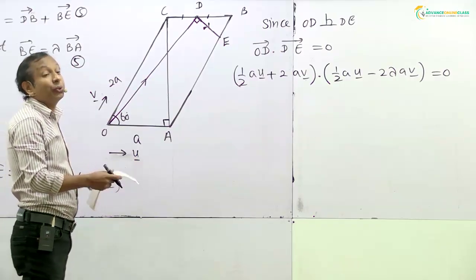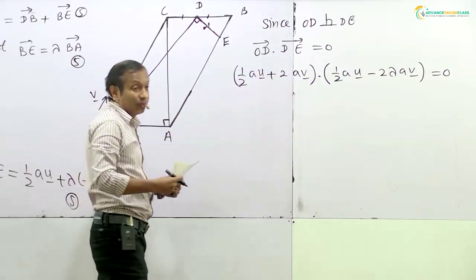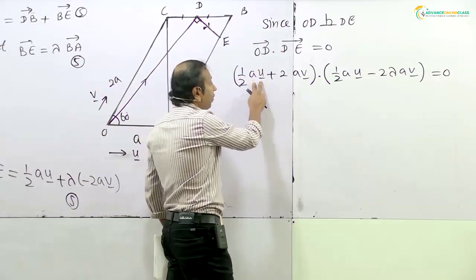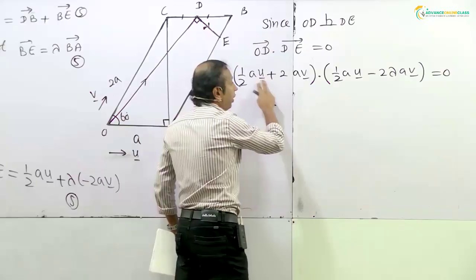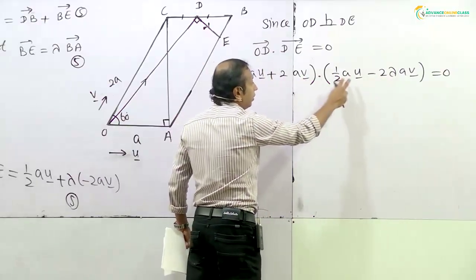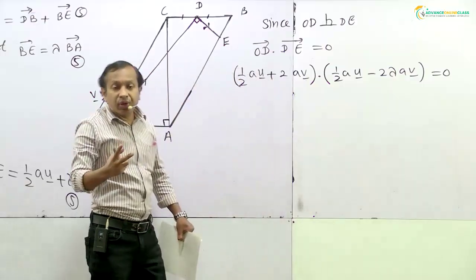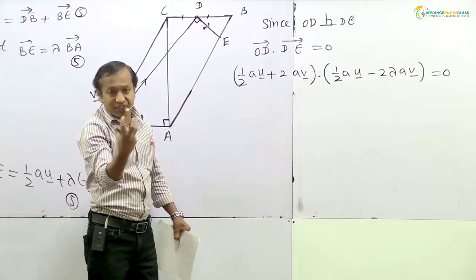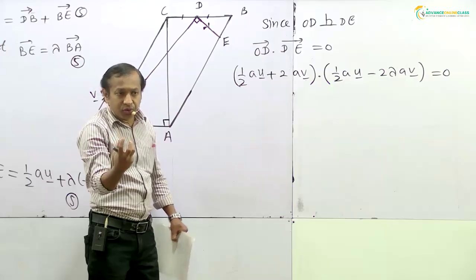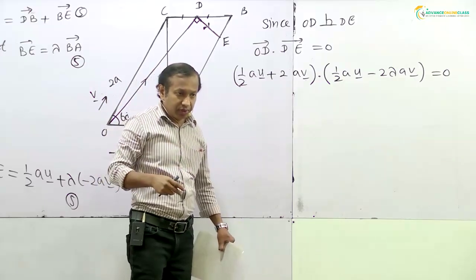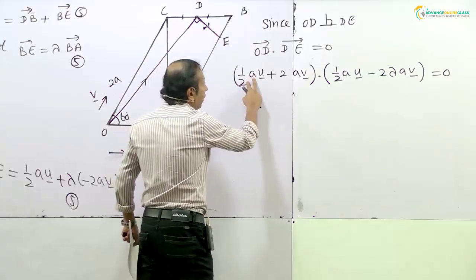Now we have to apply the distributive law. Take this and this dot product, this and this dot product, this and this dot product, this and this dot product. When you take the dot product, first we multiply the coefficients and we take the dot product between the vectors only, right? So then how to take this and this?